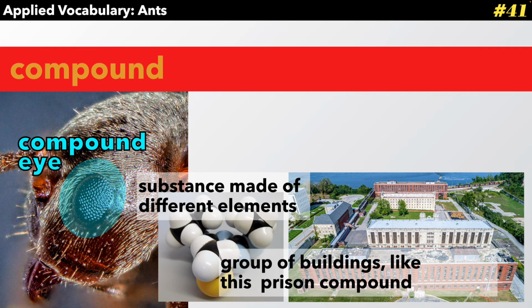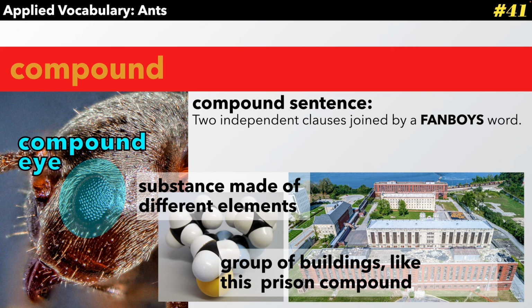Substance made of different elements in chemistry is also called a compound, different things together. And a compound sentence is when you have two independent clauses joined by a fanboys word. It rained all day, so I stayed home. That is a compound sentence.